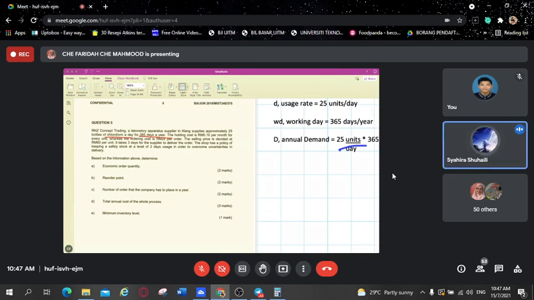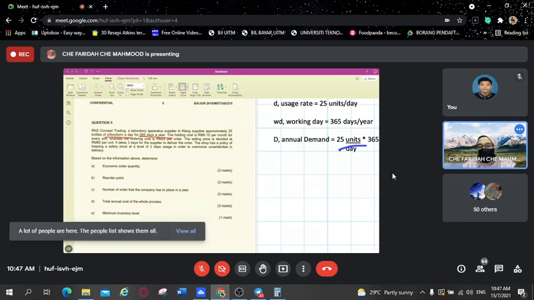To make it per year, because for holding cost we don't count days, we keep it regardless of holidays or whatever day, because it will be there. We will store that in our storeroom regardless of the day. So this one is per year basis. That's why we get it like this: RM20.